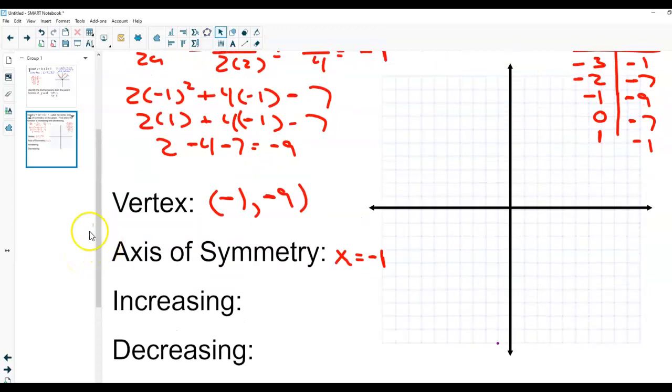So my points here are (-1, -9), (0, -7), (-2, -7), (1, -1), and (-3, -1). And in my mind, that is enough to draw my parabola.